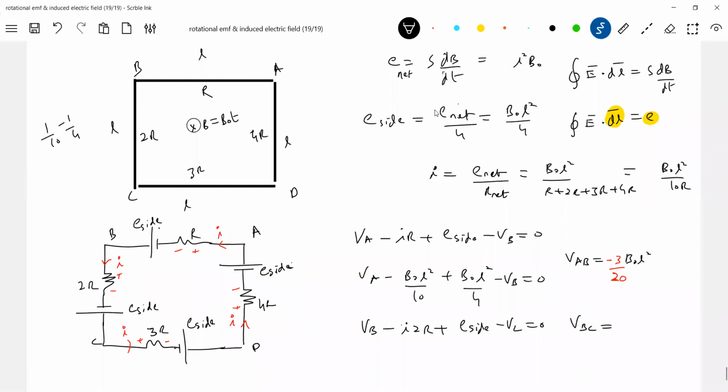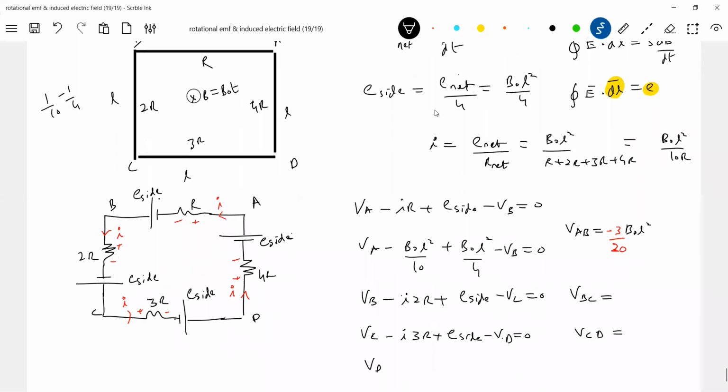Just help me with these values. VCD. Just share these values. VBC is minus 1 by 20.